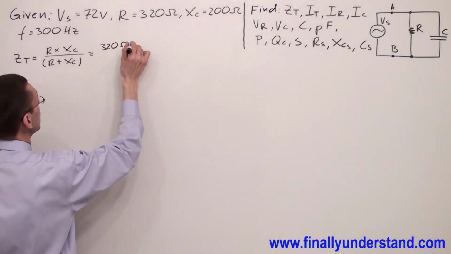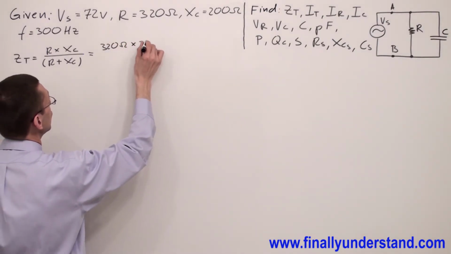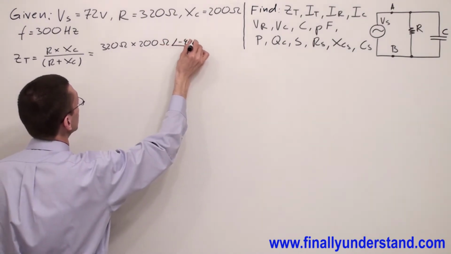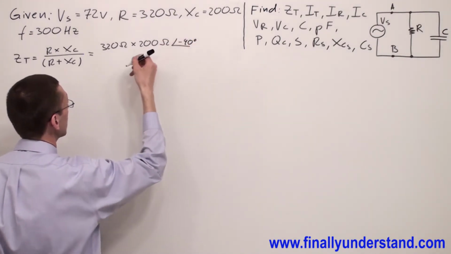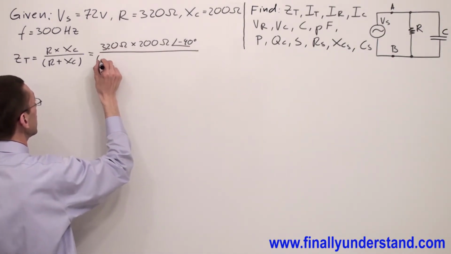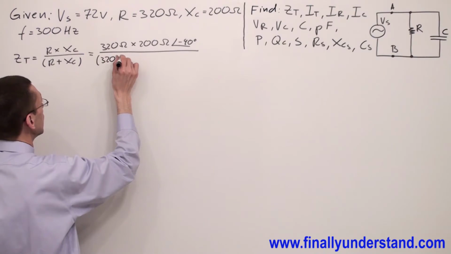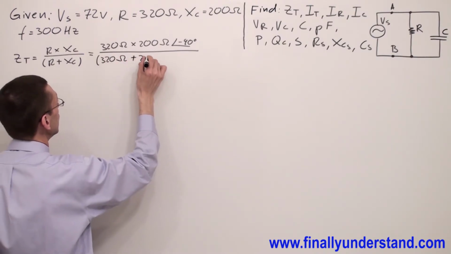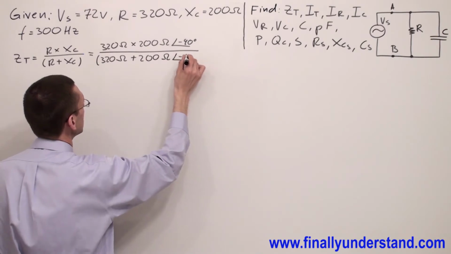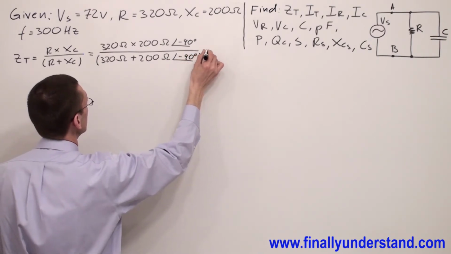320 ohms times 200 ohms, an angle of negative 90 degrees. Remember, X of C always goes with an angle of negative 90 degrees, over, open parenthesis, 320 ohms plus 200 ohms, an angle of negative 90 degrees.